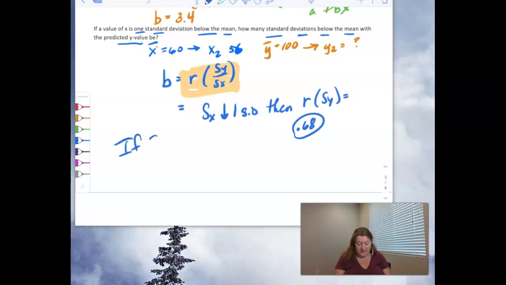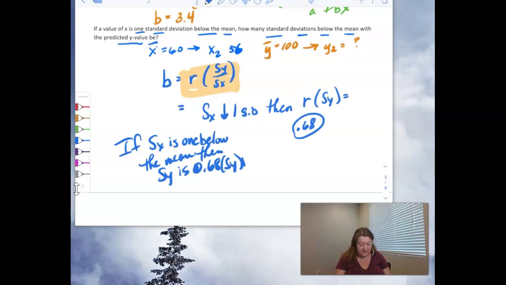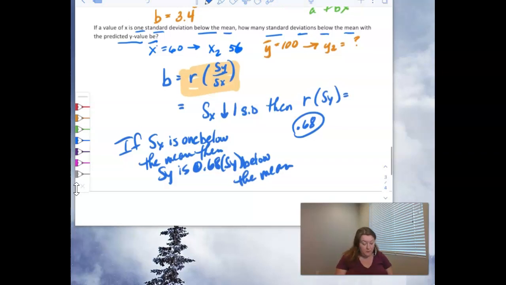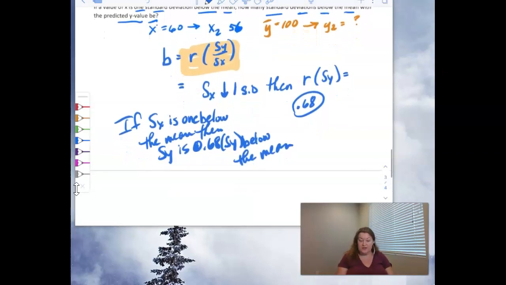So if x is 1 standard deviation below the mean, then y is 0.68 times s sub y below the mean. If I wanted to actually do these in numbers, then I could put in the actual numbers for those as well.